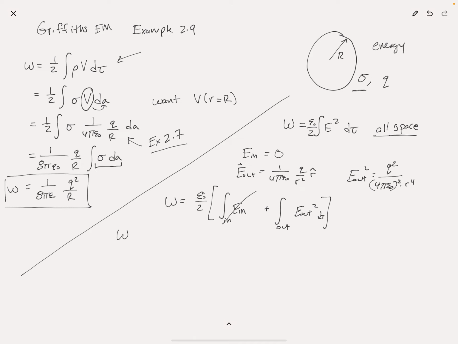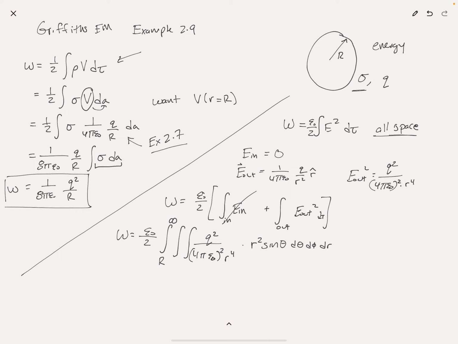Now we're left with calculating this integral over the outside, and the bounds are going to be from capital R to infinity, with some solid angles, of Q squared over (4πε0) squared r to the fourth times d tau. d tau is r squared sine theta d theta d phi dr.